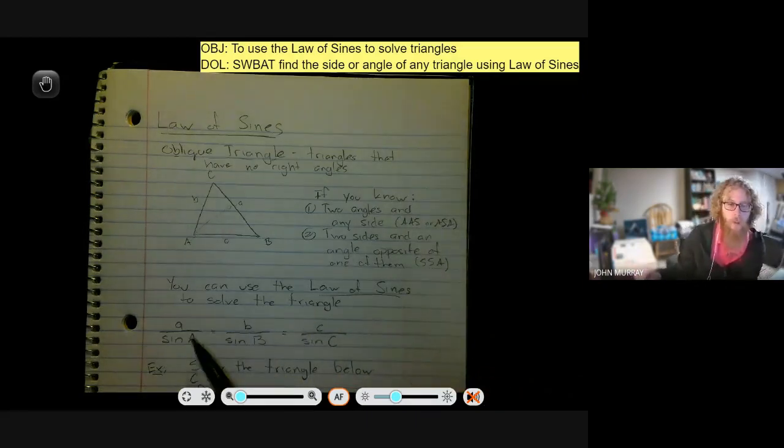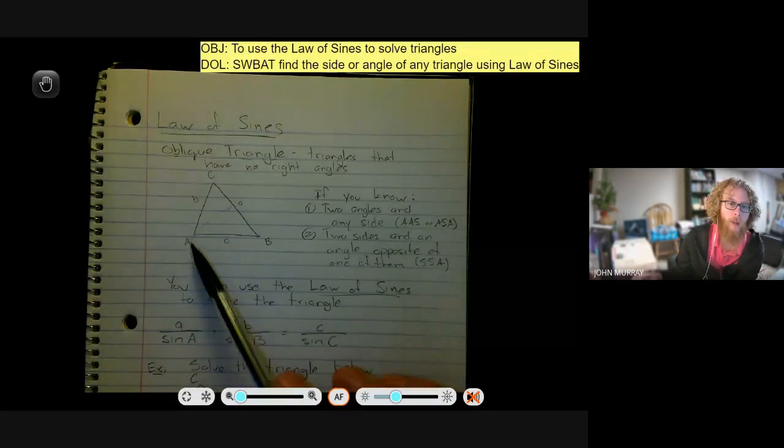So the law of sines tells us that we can set up equivalent proportions or ratios to solve for what's missing. So here you have a over sine of A equals b over sine of B equals c over sine of C. Now this is a little confusing because we have two equal signs and three parts, but we're never using more than two at the same time.